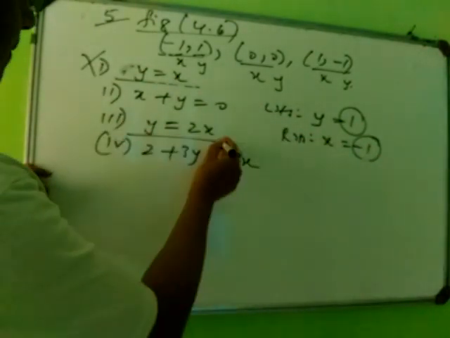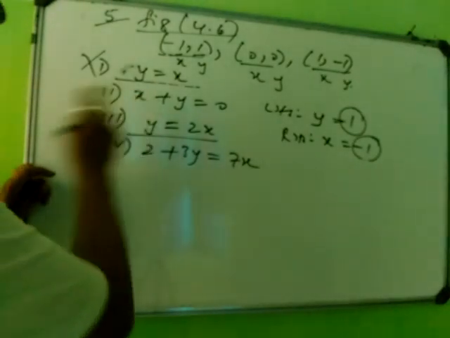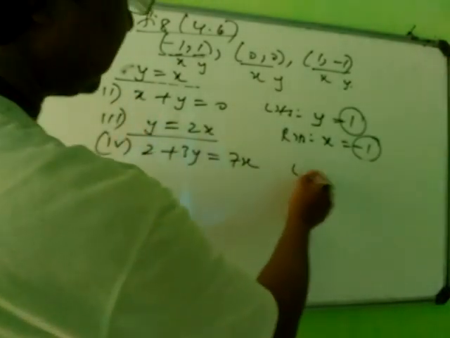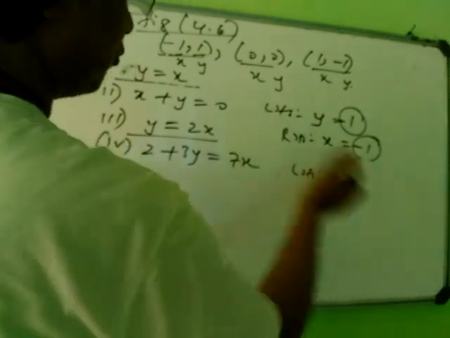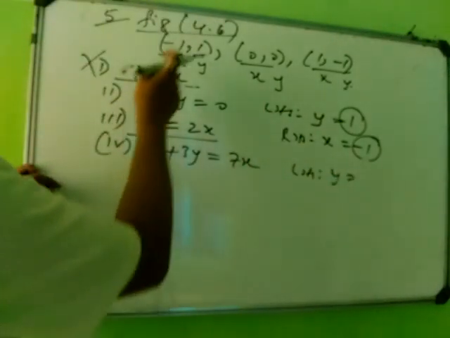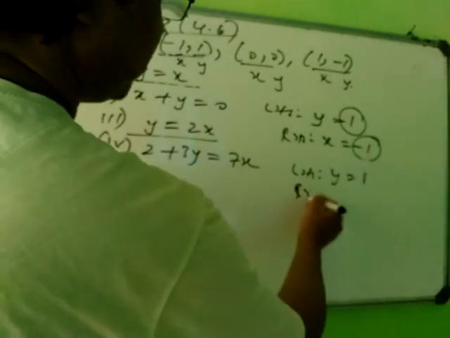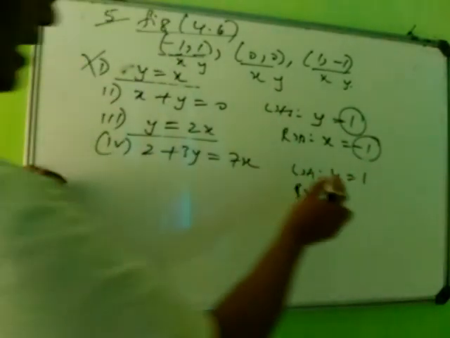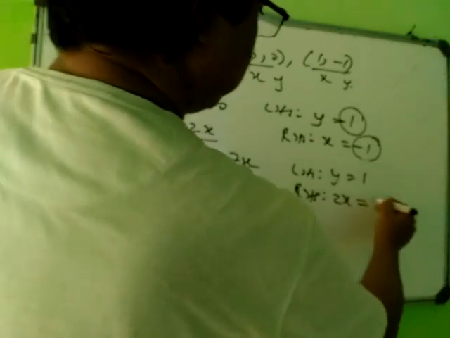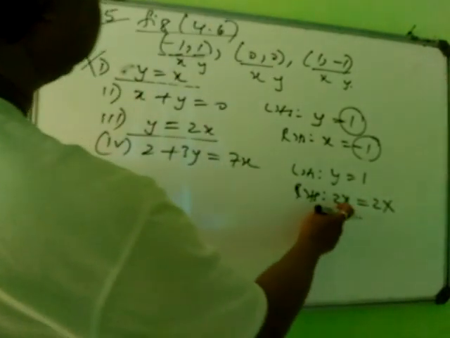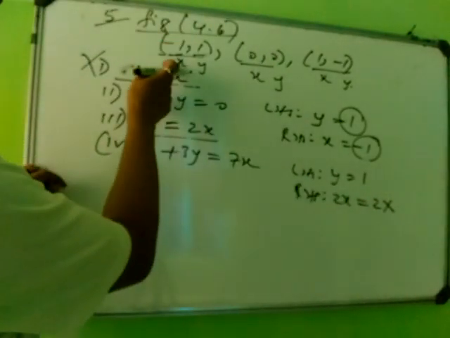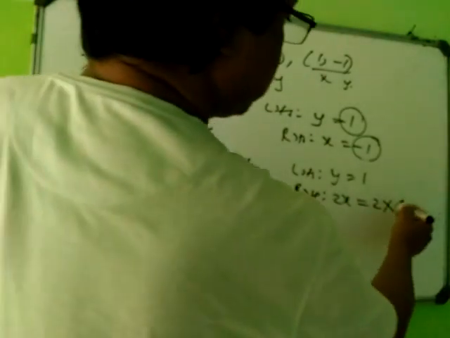Let us take this one. Then finally we will come to this. Here the left hand side is y, so y is 1. The right hand side is twice x, so it will be 2 into x. X is minus 1, so you take minus 1.